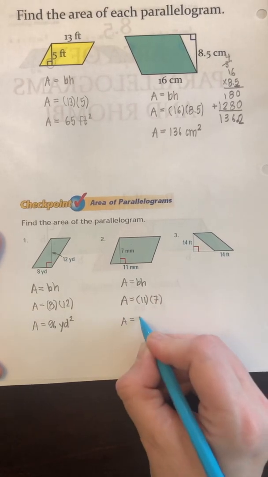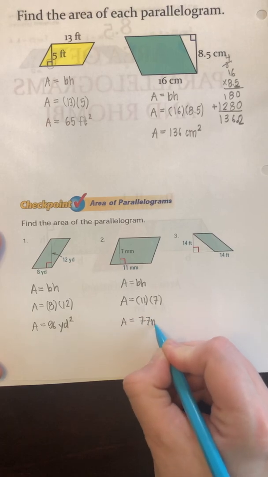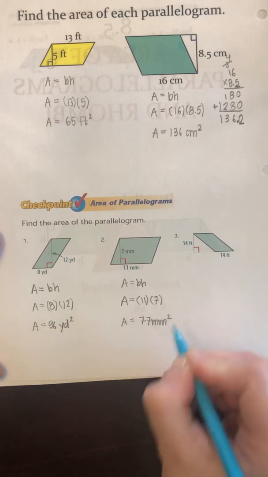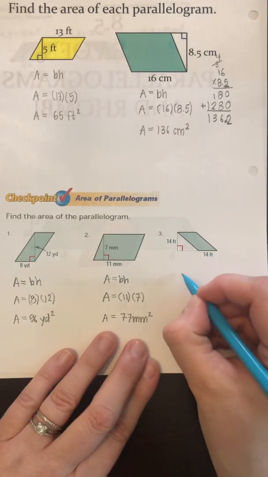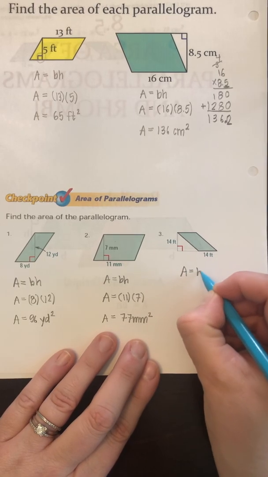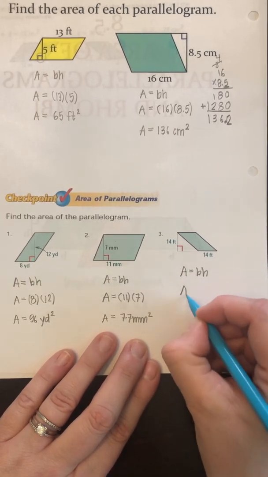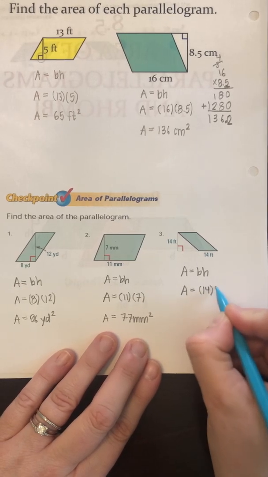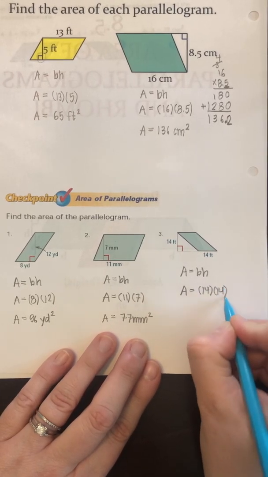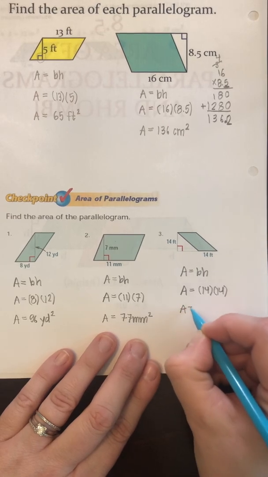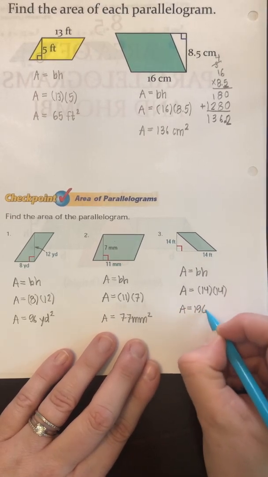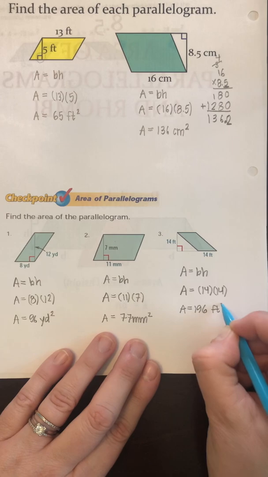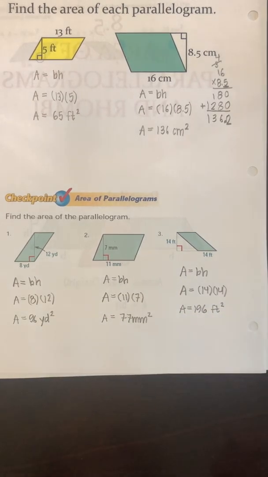So my area is 77 millimeters squared. All right, last one. Base times height. Both the base and the height in this case are the same number, 14. So 14 times 14 is 196. And then keep my units, feet squared.